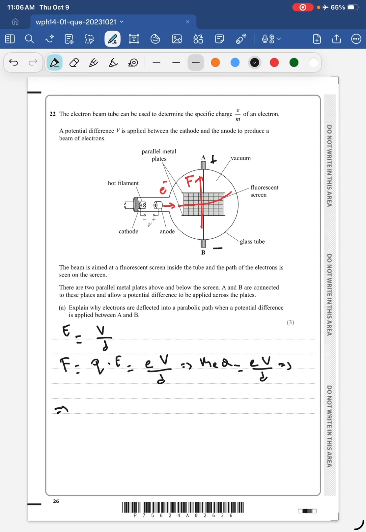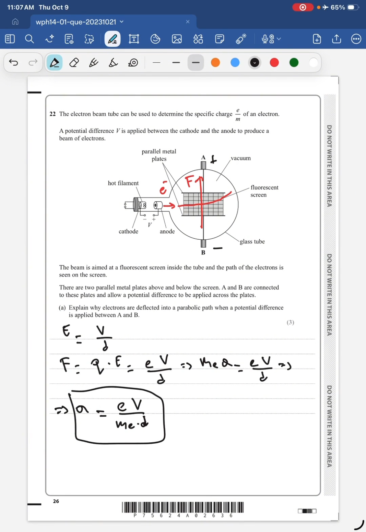So the acceleration is eV over m_e times d.